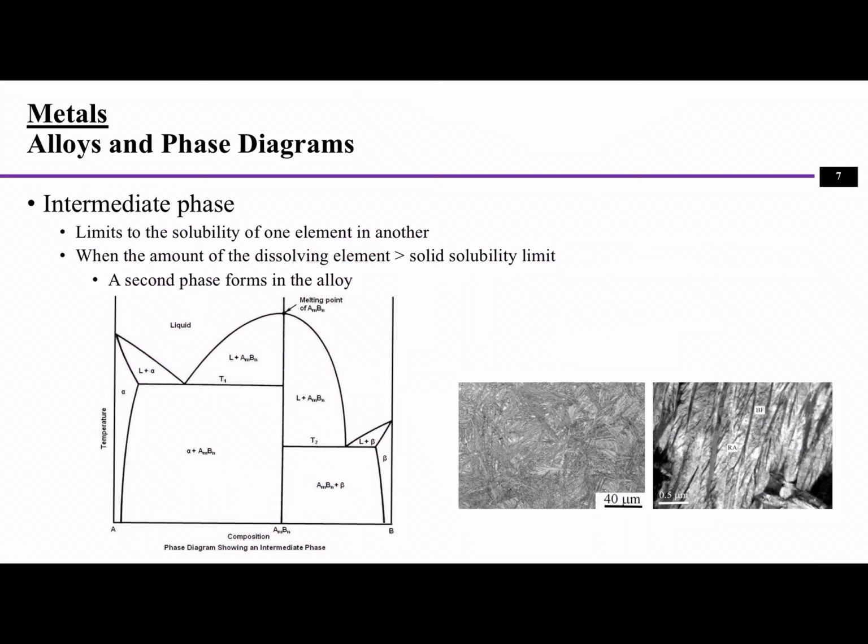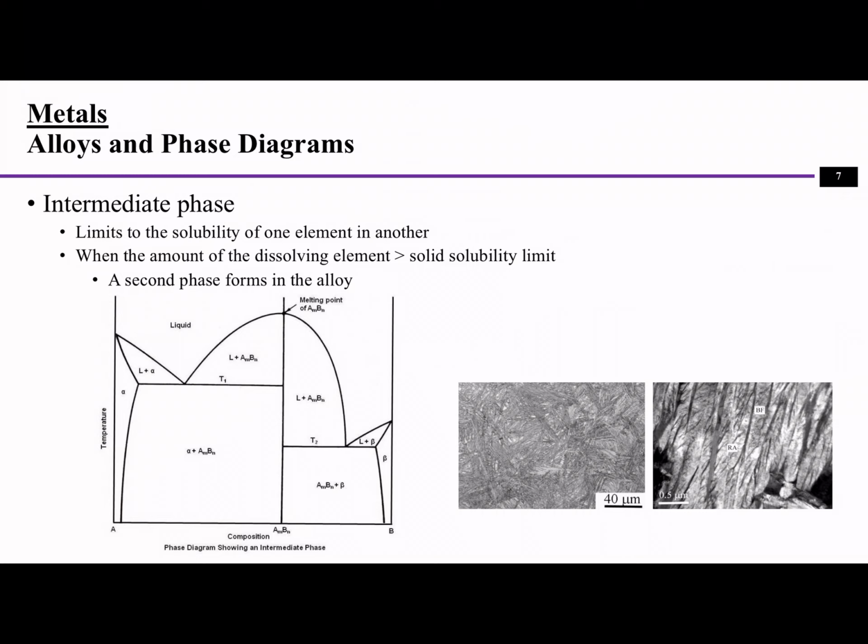All right, so intermediate phase means that for a second element, there's always a limit for dissolving another element. So if you exceed it, it will form another phase, a second phase. This is what happens.